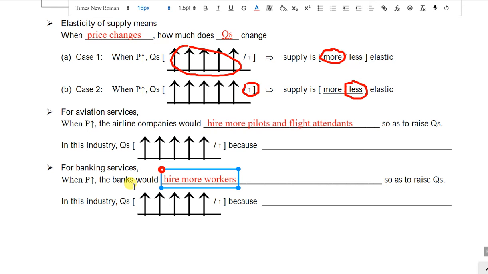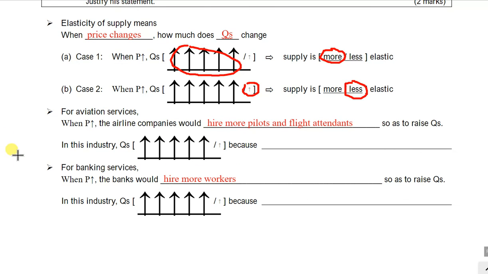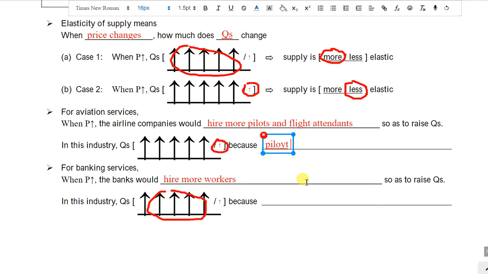If you compare these two industries, the QS in the aviation industry will increase a little bit only because it is much more difficult to hire the pilots. But for the banking industry, the QS will increase a lot. The reason is that the pilots have special training and also qualifications.